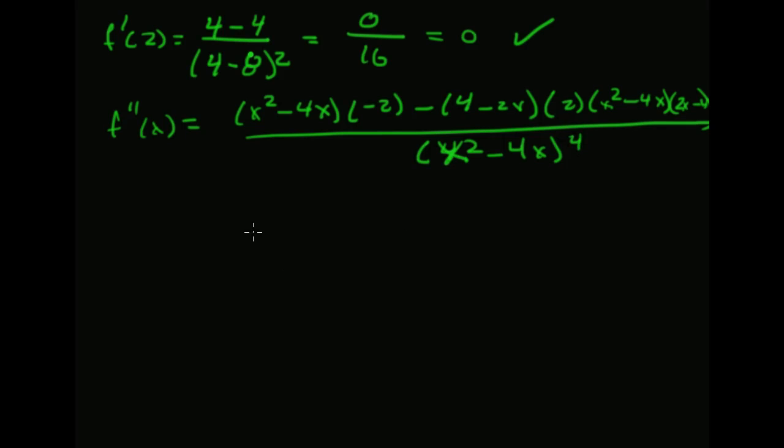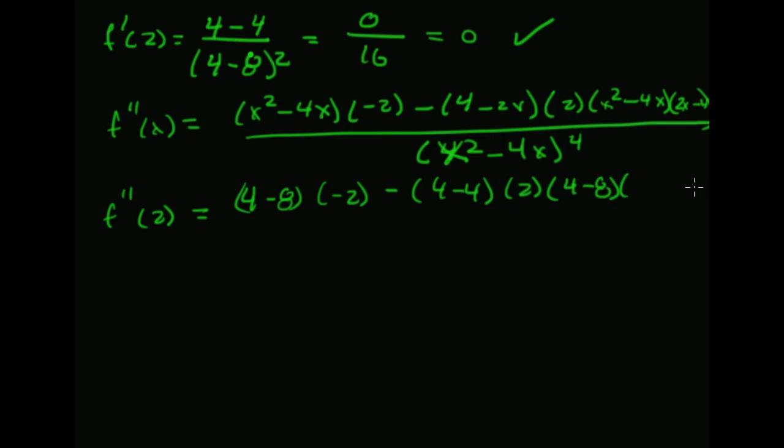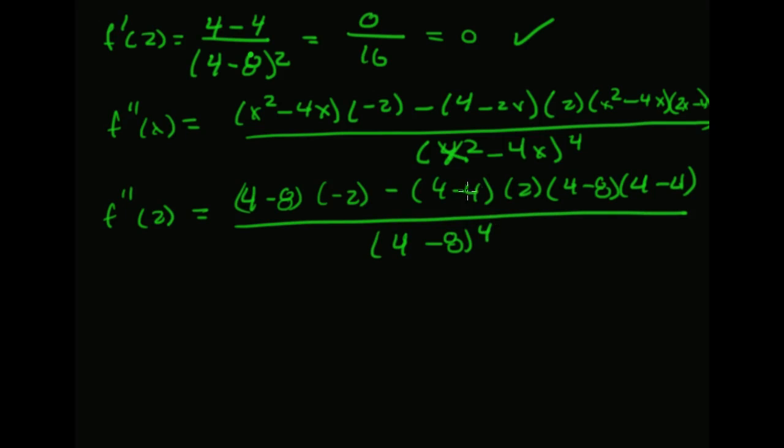Okay, so we're at a specific point here, though, right? We're at when x is 2, right? So we can throw in the 2's for the x's. So we want f double prime of 2. So this is going to give me 4 minus 8 times negative 2 minus 4 minus 4, times 2 times 4 minus 8 times 4 minus 4, all over 4 minus 8 to the 4th.